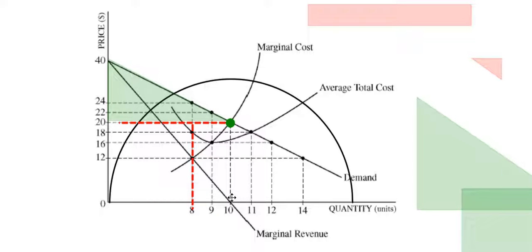So you'd have a quantity of 10, and then whatever price in between 40 and 20 that each individual consumer would be willing to pay. That is perfect price discrimination, or first degree price discrimination.